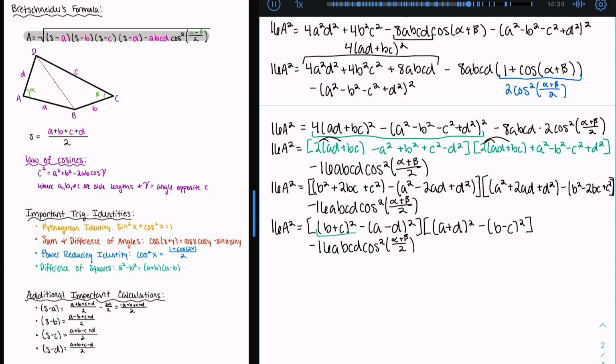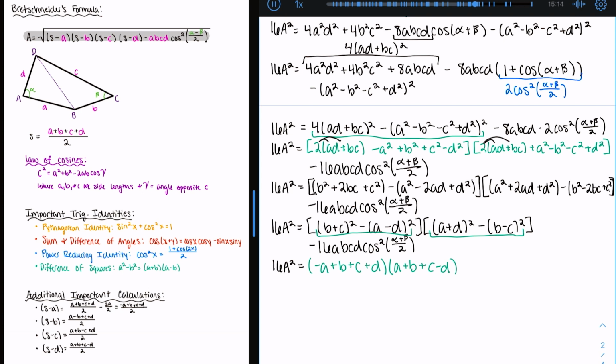So now once again, we can use the difference of squares, but in 2 places this time. And we get 16A squared is equal to negative A plus B plus C plus D, and then I'll get A plus B plus C minus D from the first bracket.